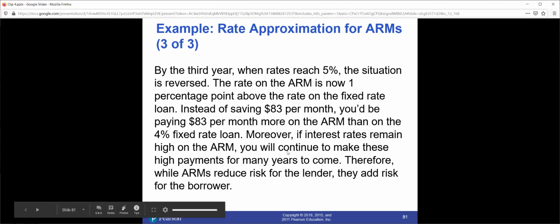Moreover, if this interest rate remains higher, you will continue to make these higher payments for years to come. So the ARM has a risk to it. If the ARM's rate stayed low for a longer amount of time, that would have been a wise maneuver. But you never really know what's going to happen with these things, right? Hence, that's risk to the borrower.